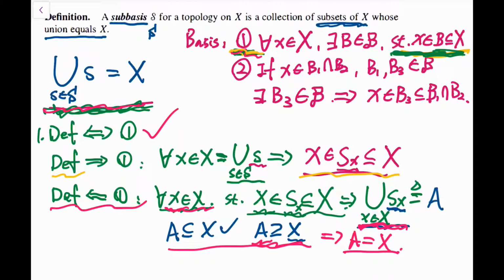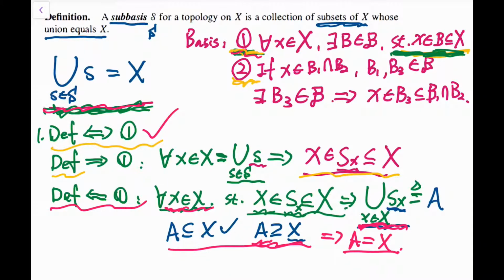After that, we need to consider the second property of the basis. Because we already proved that the definition of subbasis is equivalent to the first property of basis, we cannot do too much on the definition of subbasis anymore to include the second property.